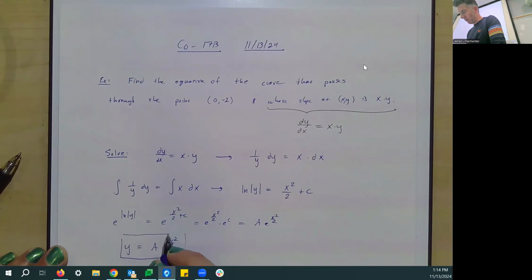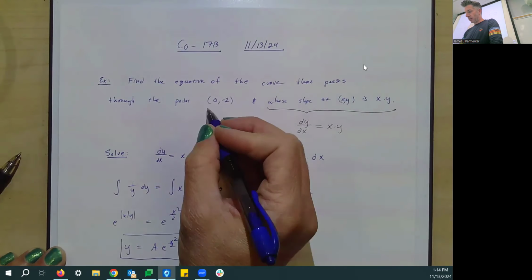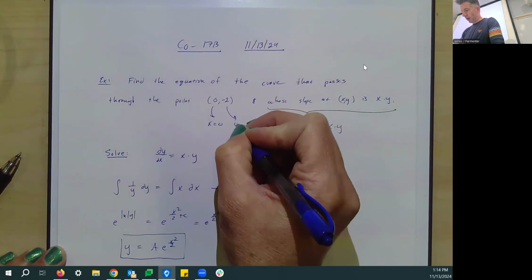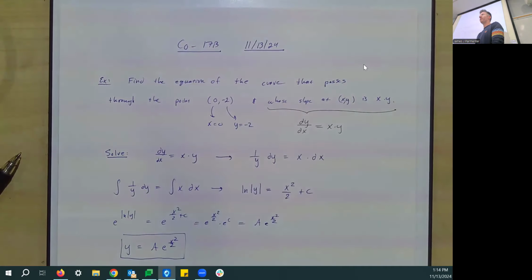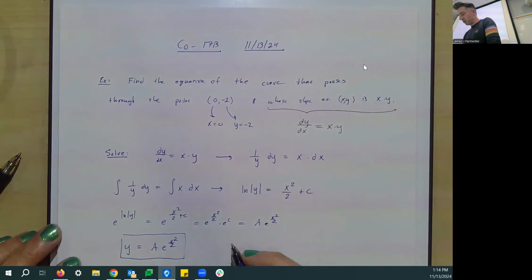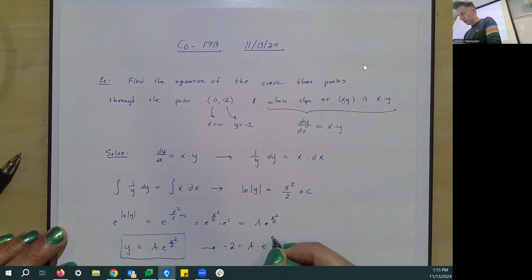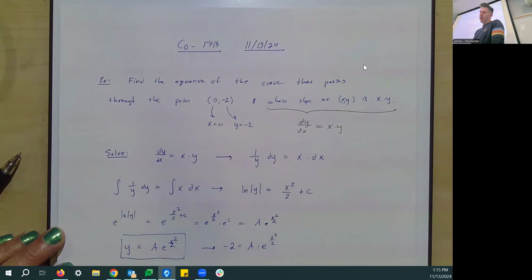But then we also have the initial condition that when x equals 0, y equals -2. So then we plug in y equals -2 and 0 for x, and we get -2 equal to a times e to the 0 squared over 2. 0 squared over 2 is 0, e to the 0 is 1.